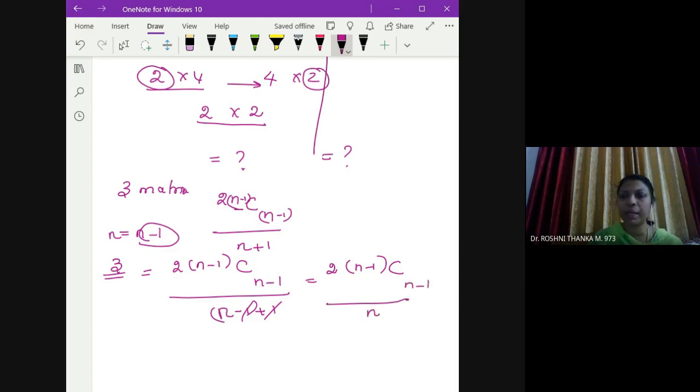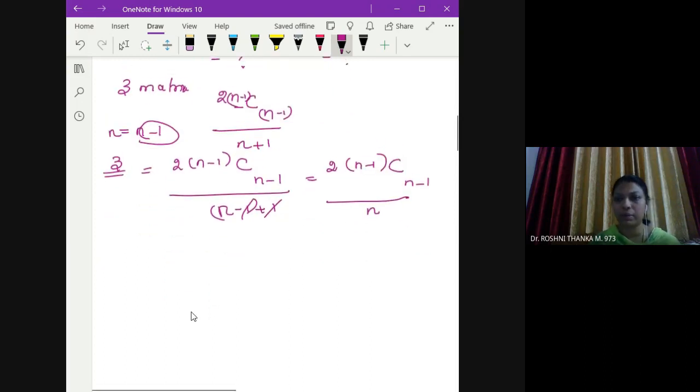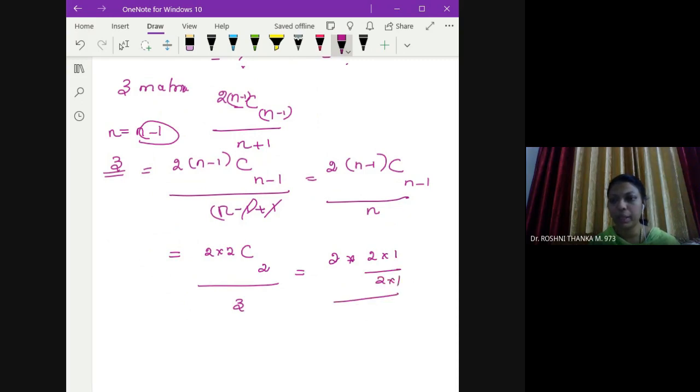So here let us apply the values for this n and see what value we are getting. Here the n value we have is 3. So 3 minus 1 is 2. So 2 into 2 c n minus 1, which is 2, divided by n value, here 3. So how can we rewrite it?